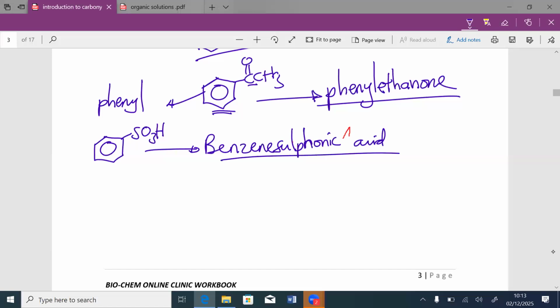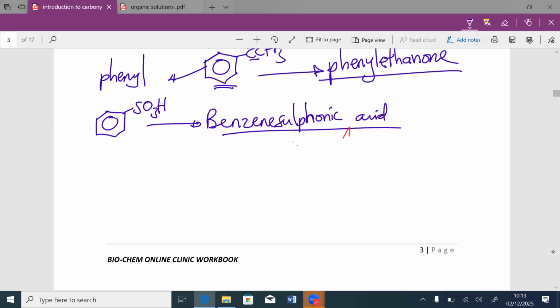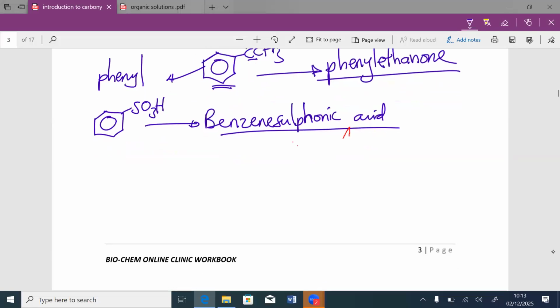This one has a special name. I cannot say phenyl sulfonic acid. You're seeing that? Then you can also have this, OH. This one here has a special name. We can call it phenol.